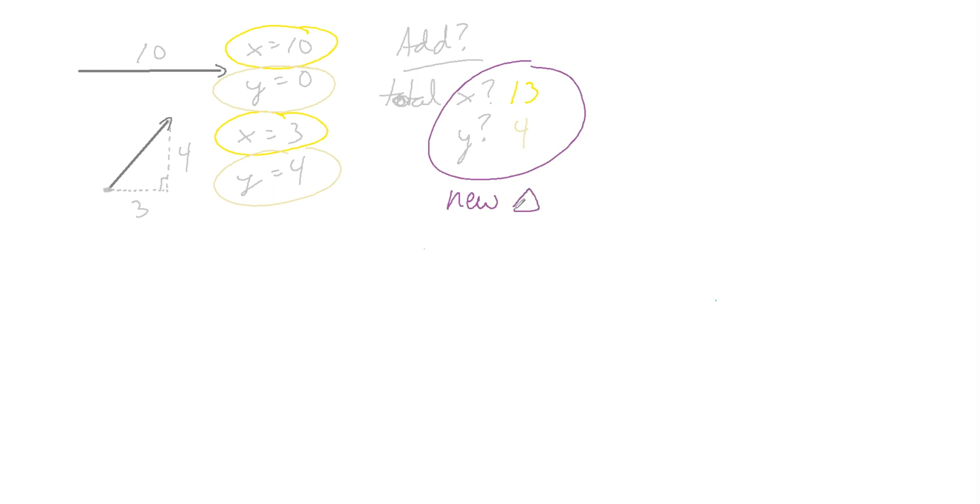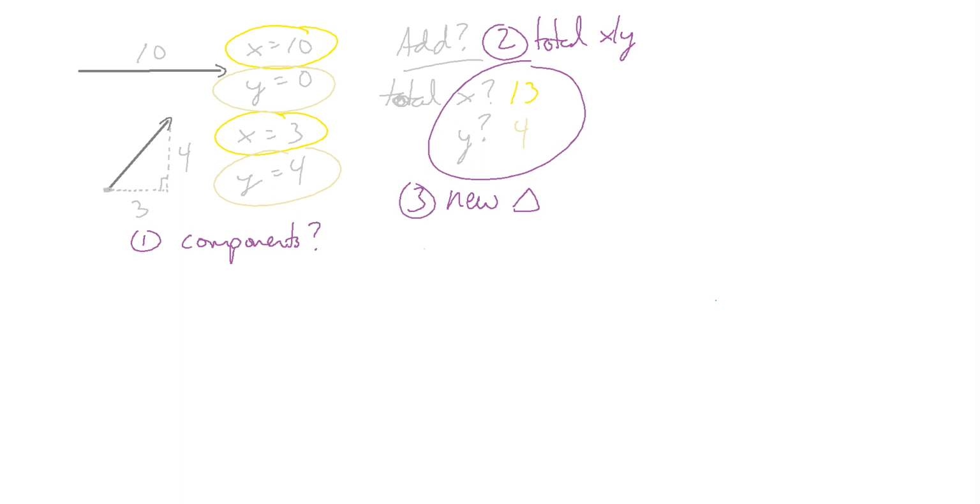Okay, so this sort of lays out the steps. The first thing you do is you find the components. Done. The second thing you do is you find the total x and you find the total y. Done. The third thing you do is you make a new triangle out of those.